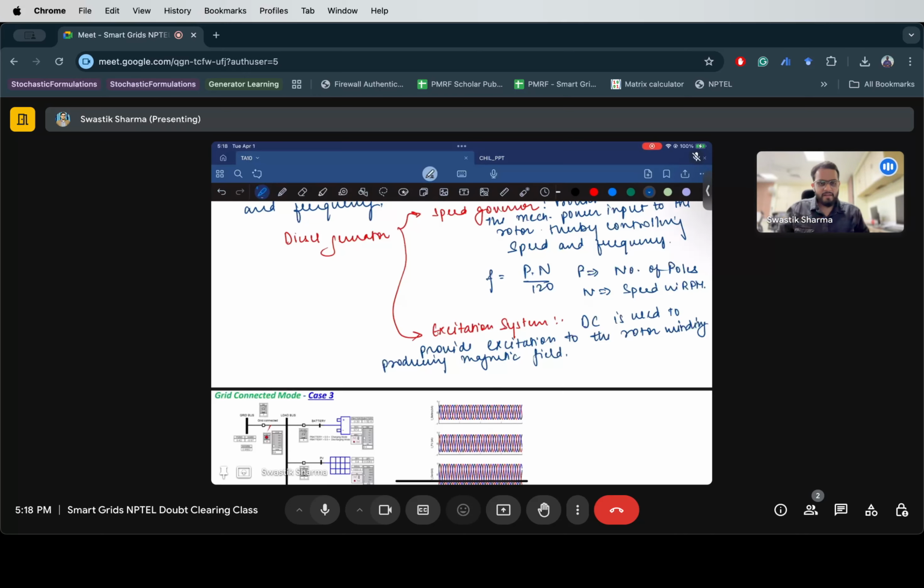All right, so that is what an excitation system does, right? By the amount of DC current we apply to the rotor winding, we can control the amount of reactive power it produces or absorbs, right?